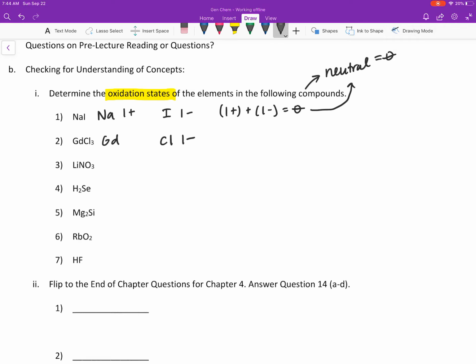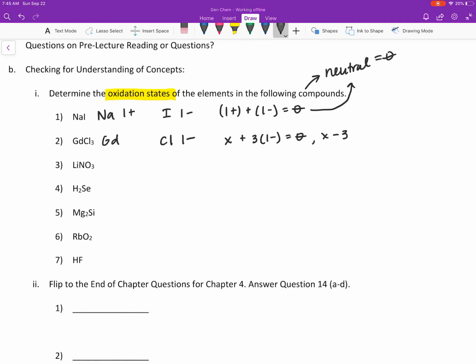We can use what we know about the chloride. Okay, so if I know that I need this rule up here to be true about it being neutral, and I know I have 3 1 minus charges for the chloride, I can solve this like algebra.